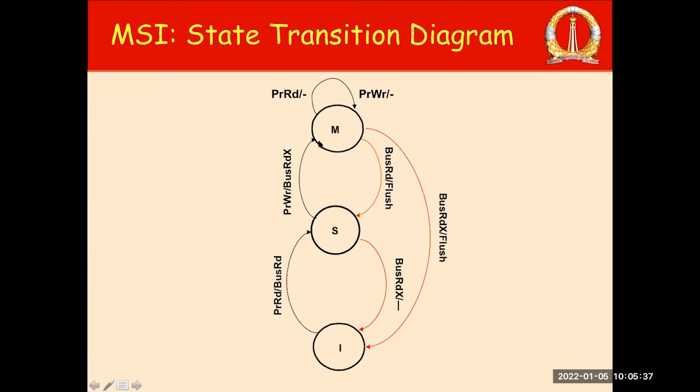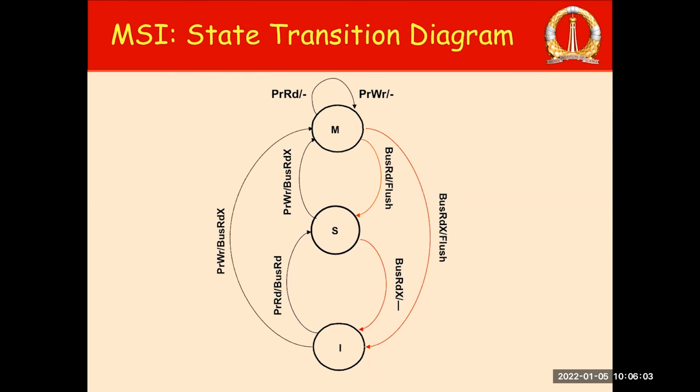When the processor is in the modified state and it sees some other processor trying to do an exclusive access to this, which means they are trying to write into it, then it invalidates the data, and it flushes the value to the main memory so that the up-to-date copy is written into the main memory, from where that processor can read that value.